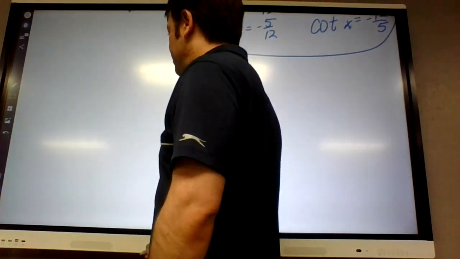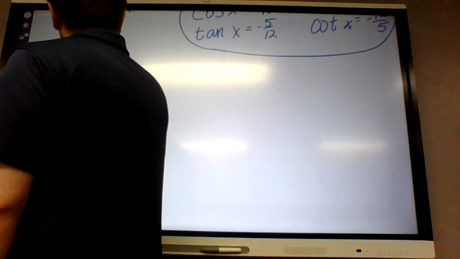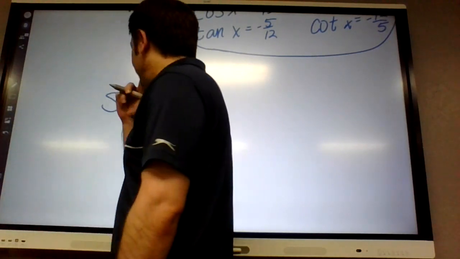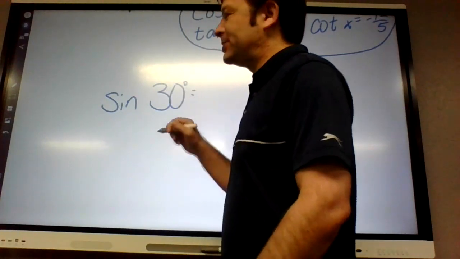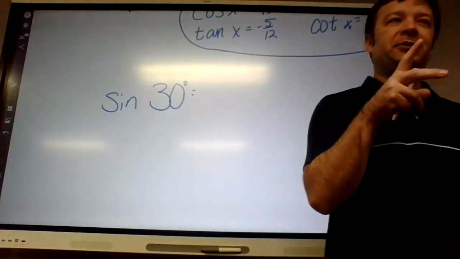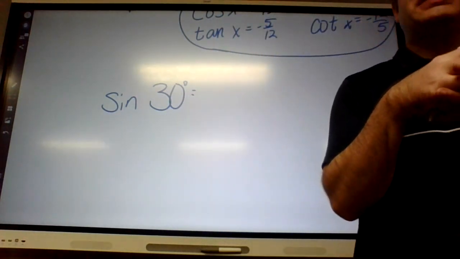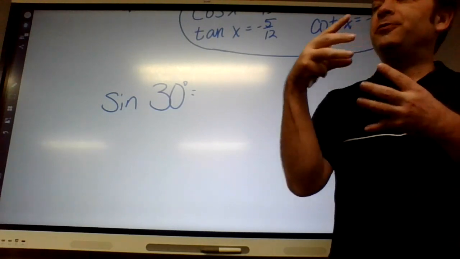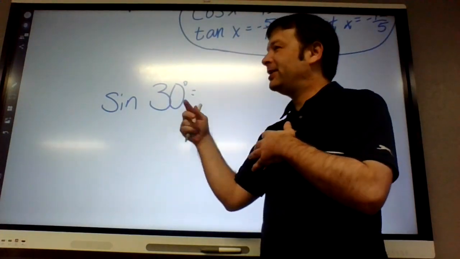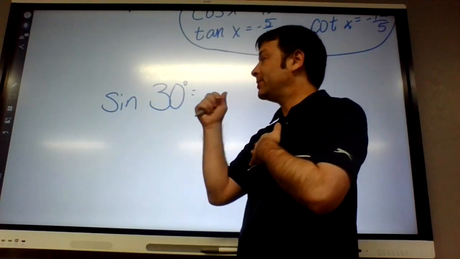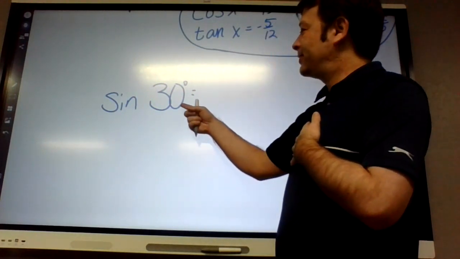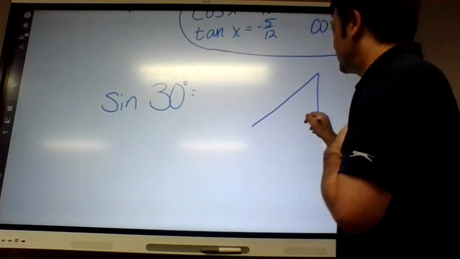Alright, let's jump into the new thing. I kind of mentioned this yesterday, but what a normal sine function does is you feed it an angle, and it spits out a ratio, like opposite over hypotenuse, right? So sine of 30 is one of the special triangle ones.